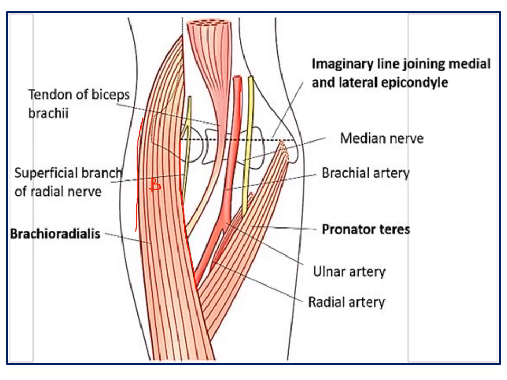In contrast to this, the medial boundary of the cubital fossa is formed by the lateral border of the pronator teres. So this is the lateral border of the pronator teres here, and it forms the medial boundary of the cubital fossa. So in terms of the pronator teres, this is the medial border.